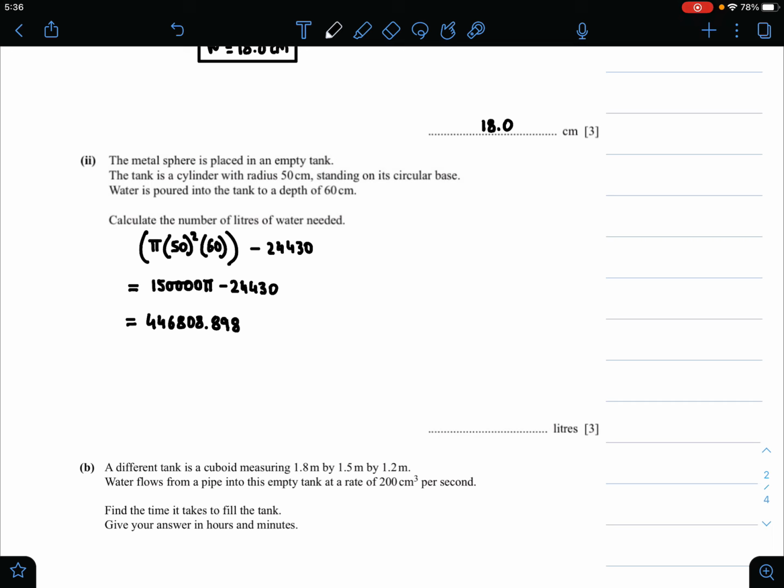So when we divide this by 1000, we will get our answer as 446.808898, and since we need to give our answer in 3 significant figures, your final answer will be 447 liters, because the fourth significant figure, which is 8 in this case, is greater than or equal to 5, so we'll round off the third significant figure to the next number. Therefore 447 liters will be our final answer for part A2.